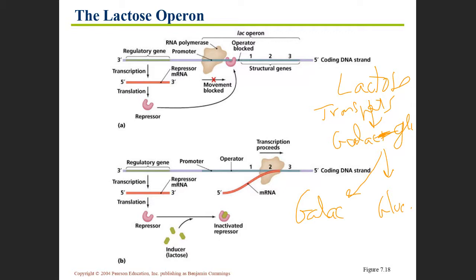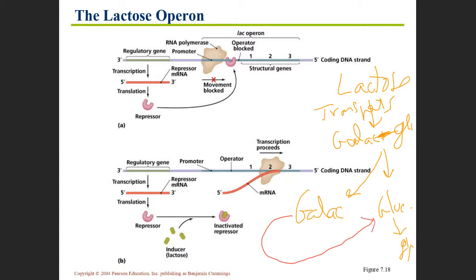Glucose, cells can make energy from glucose without any problem. That goes into glycolysis and everything else we looked at in chapter 6. So glucose is immediately shuttled into glycolysis. Galactose, on the other hand, does not fit into glycolysis, so it will have to be changed into glucose.